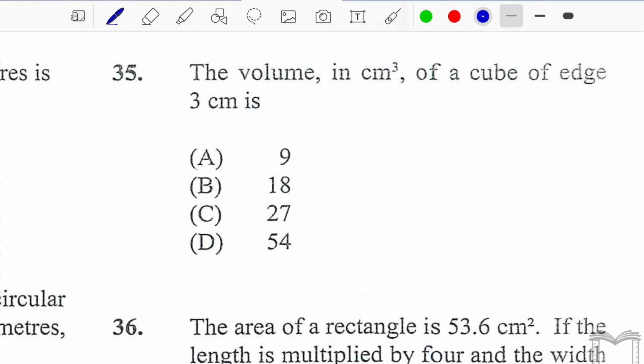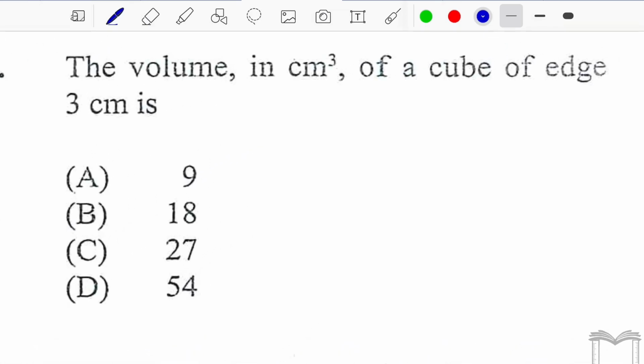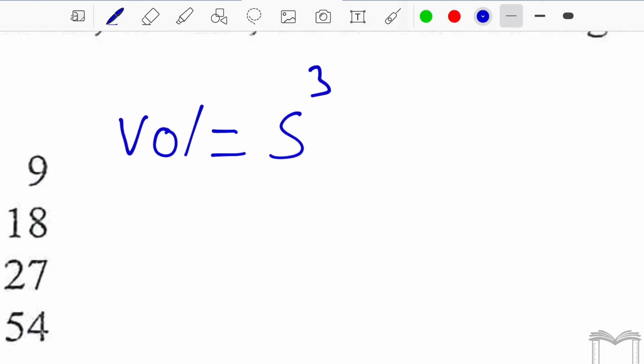Number 35. The volume in centimeters cubed of a cube of edge 3 centimeters is. In order to determine the volume given the length of an edge, we can consider that an edge can also be called a side. In some formulas they have it as volume is equal to side cubed.